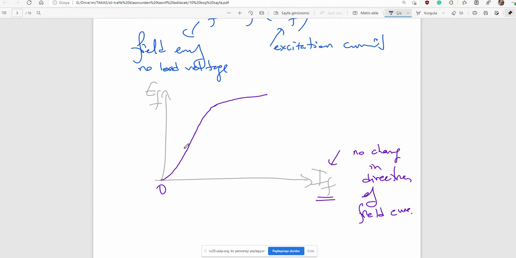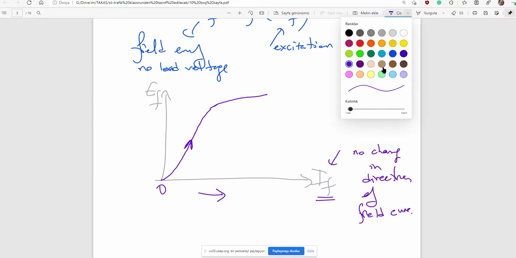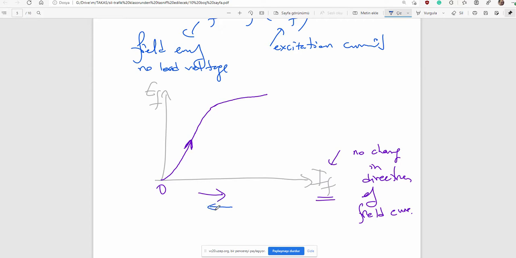That was the increasing curve. Let me draw another curve, the decreasing curve. It starts somewhere here and gets down to here.